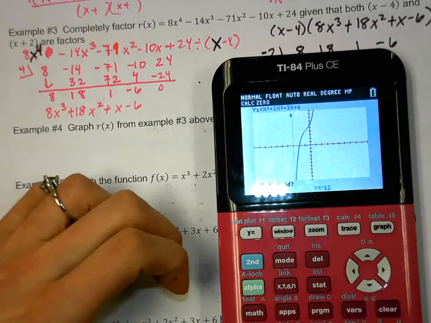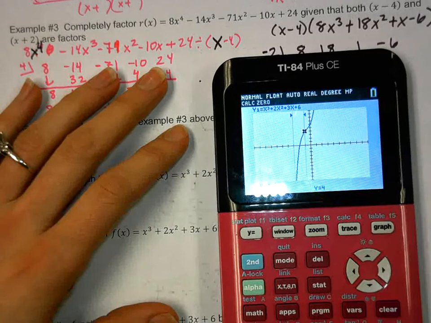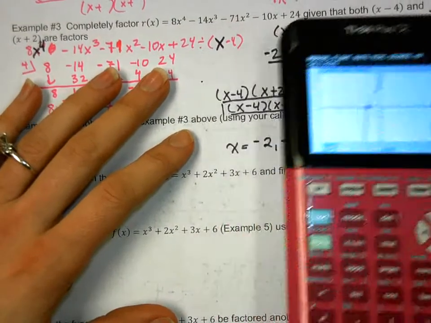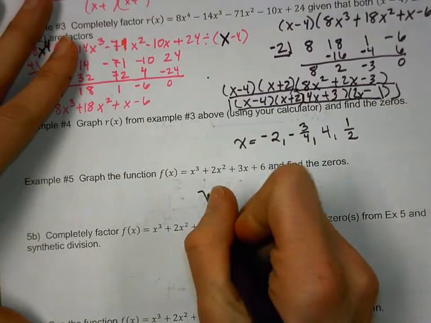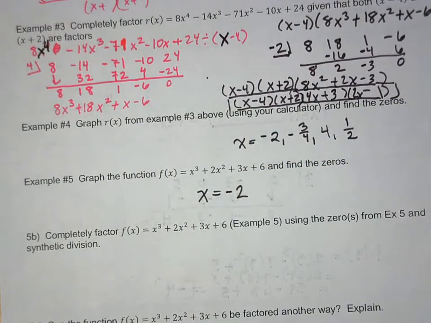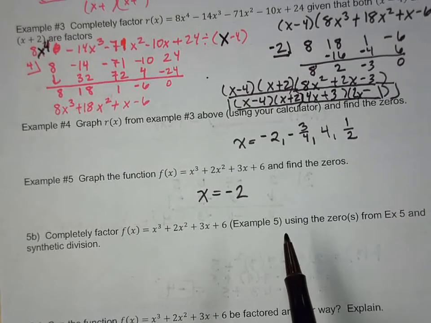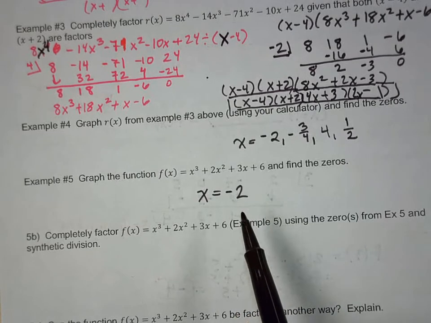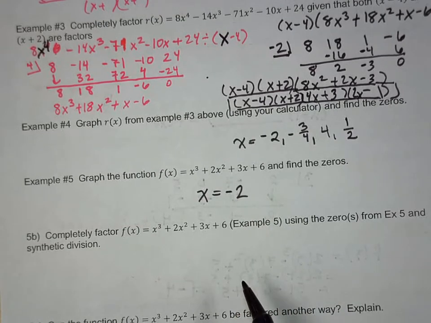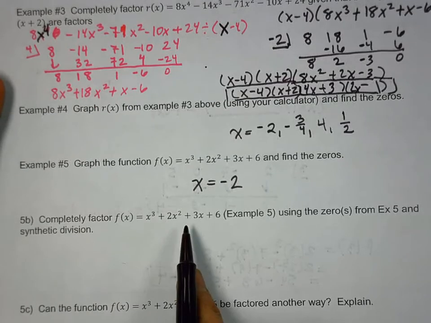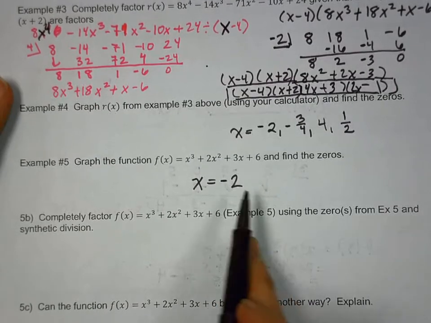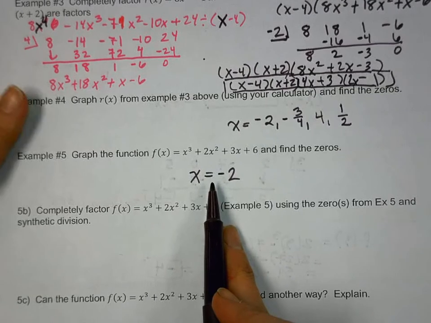The right of -2, like -1, and then press enter, and just to confirm it's not a decimal answer, yes, it's -2. So, find the zeros, there's only one real 0. We're going to find soon that there are actually also 2 imaginary zeros in here. But for today's purposes, we want to see how we can factor this, which will help us find imaginary zeros. So now that you know this is a 0, completely factor this using the 0 that we found, and factor using synthetic division.